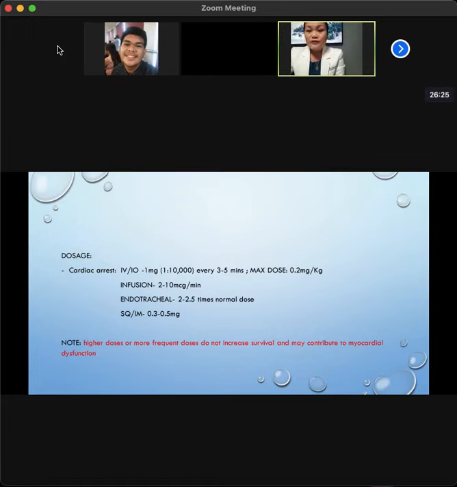If you're going to use it as an infusion, you can regulate it at 2 to 10 micrograms per minute. If you're going to give it endotracheally, you just double the dose, as I said before.